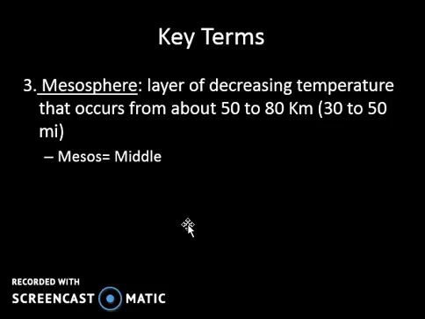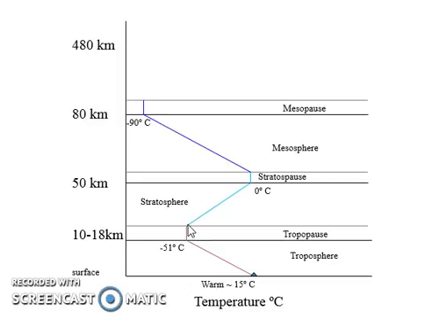Okay, the next layer is the mesosphere. This is described as the middle sphere, and this is the layer of decreasing temperature. It's one of the coldest layers in our atmosphere, and we identify the mesosphere at 50 to 80 kilometers above the Earth's surface.